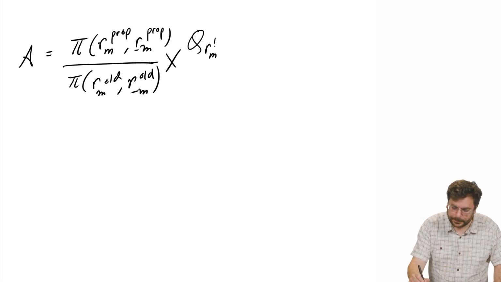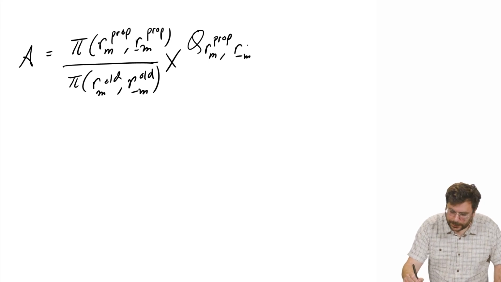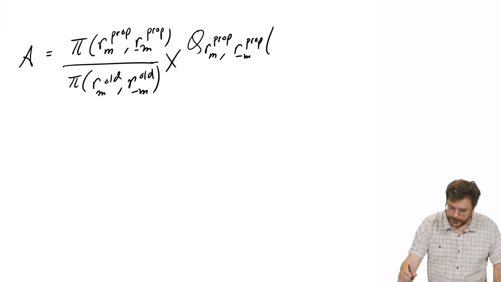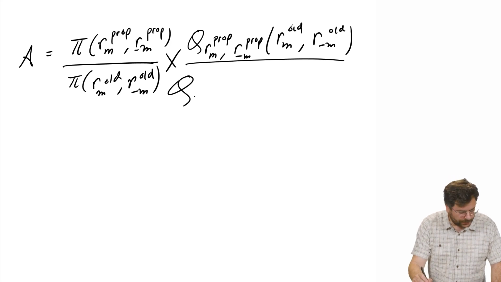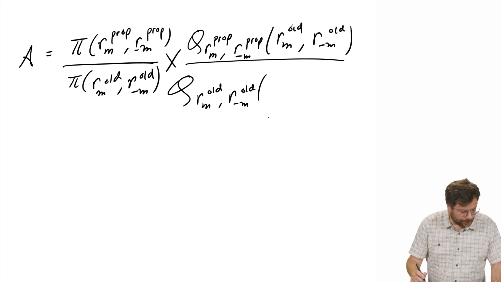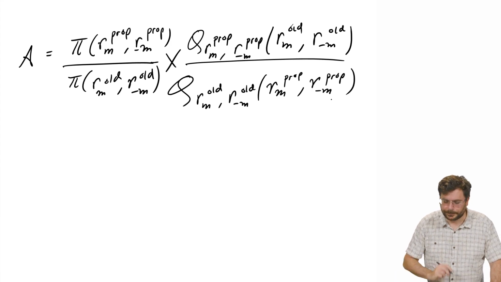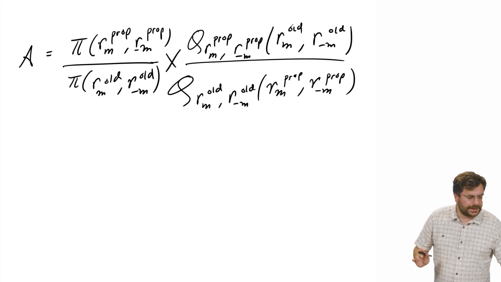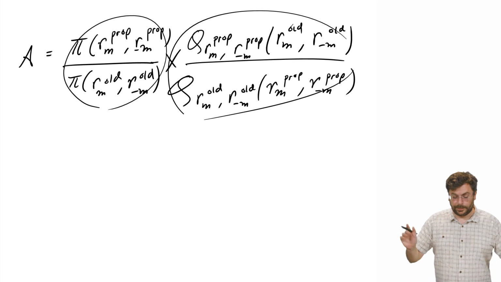So I have Q of R_m proposed, R_-m proposed given R_m old, R_-m old, divided by Q of R_m old, R_-m old given R_m proposed, R_-m proposed. Great. That's the acceptance ratio. In other words, the ratio of the targets multiplied by the ratio of the proposal distributions.